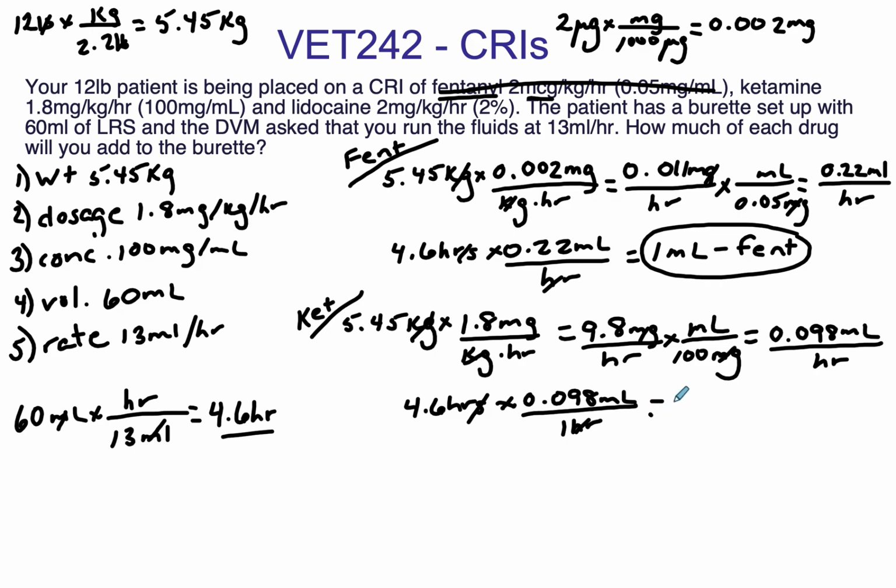Hours will cancel. Let's see what that equals. 4.6 times 0.098 equals 0.45 mils of ketamine. Number 2, check. Okay, we are done with the ketamine, done with those numbers.